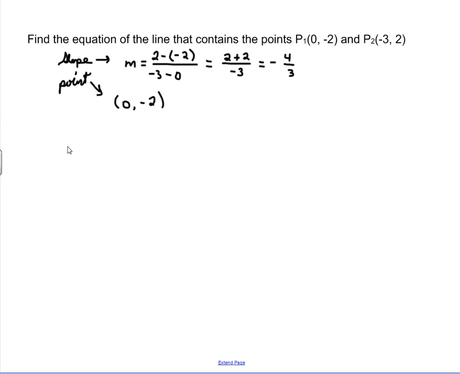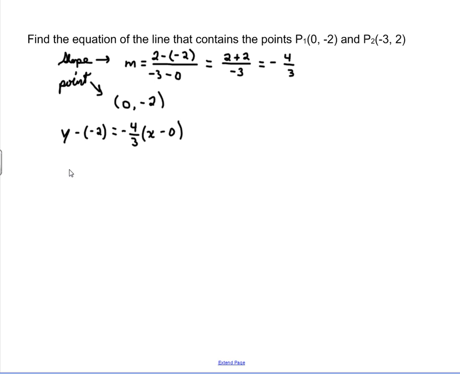Now, one way that we could get the equation of the line is using the point-slope form, which is to say y minus y1, which is -2, is equal to the slope, in this case the fraction -4/3, times x minus x1, which is 0.